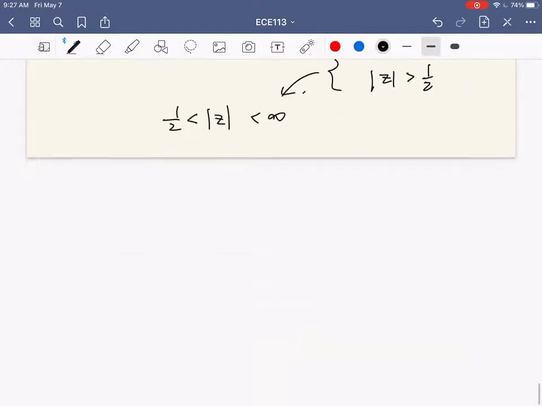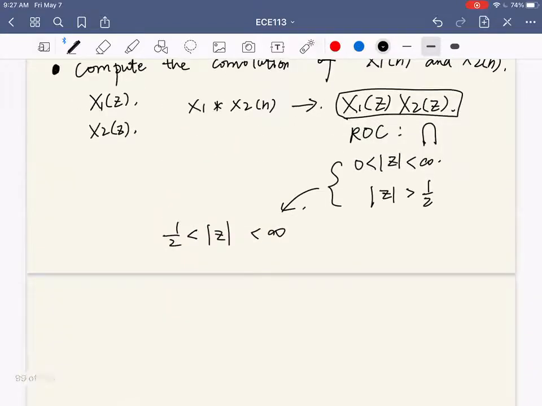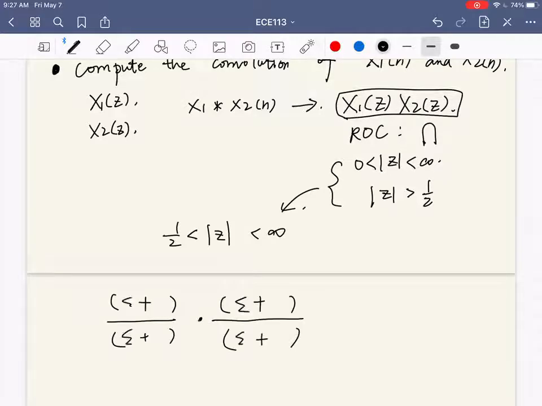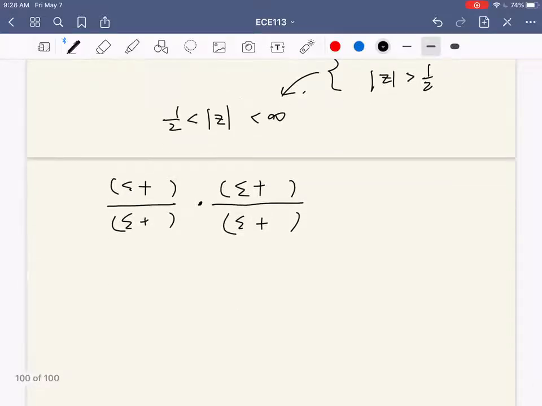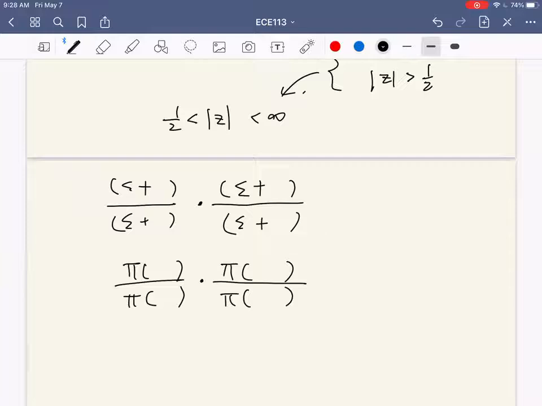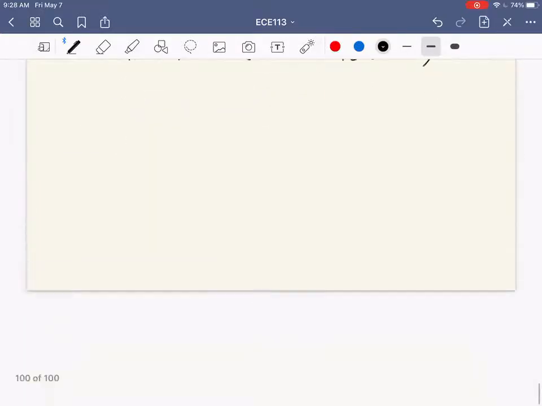But sometimes X1(z) and X2(z) might both be in rational forms, so they're both sums, and multiplying them together is very troublesome. So we prefer the case where it is written in multiplied form. This is some trick. If they're originally in multiplied form, you just need to put all of them together. But I believe the homework and exams will not give you too much calculation burden.